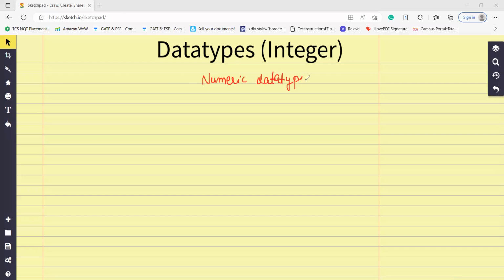Now, this is divided into three different sections: the first is integer, second is fixed point, and third is floating point. So in this class, we'll not be talking about just integer. We are going to cover integer, fixed point, and floating point data types. So let's start with integer, the first one.